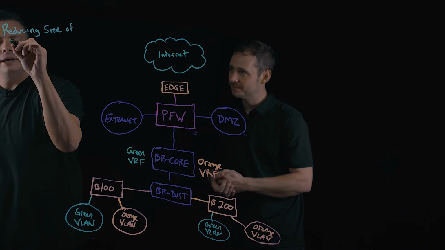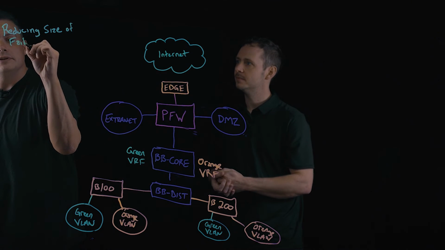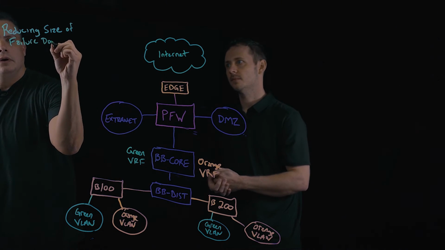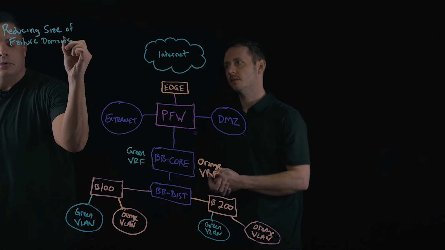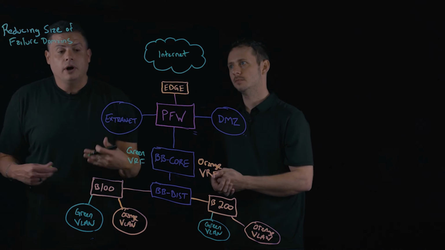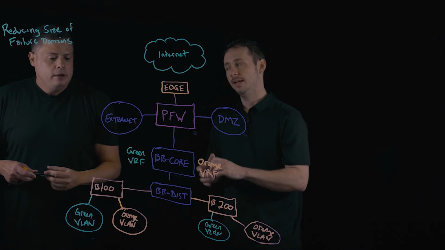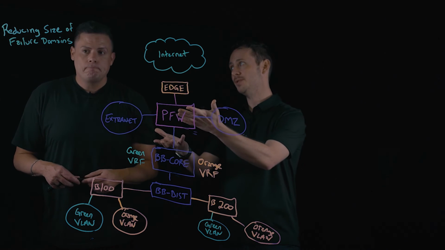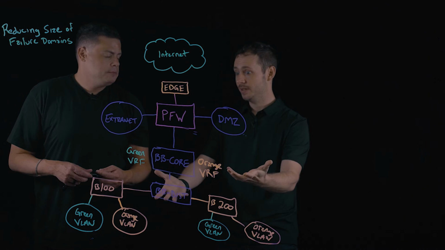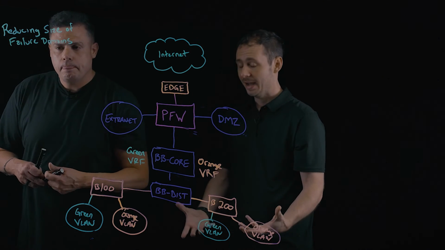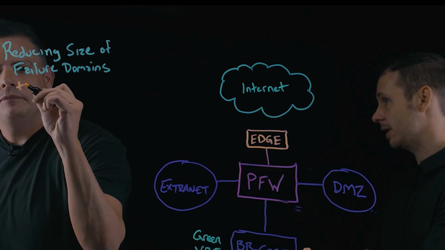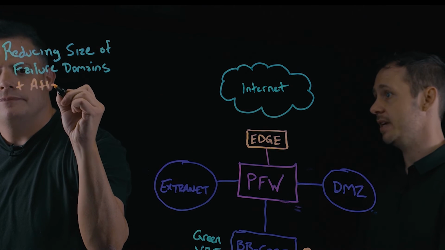So one of the goals, again, is reducing the size of your failure domains. And that's why we've been talking about things like spanning tree, broadcast storms, et cetera. And as the security guy, I have to say reducing the size of your attack surface. So that was the other big thing here. How do I isolate one project from another just from an attack surface standpoint?